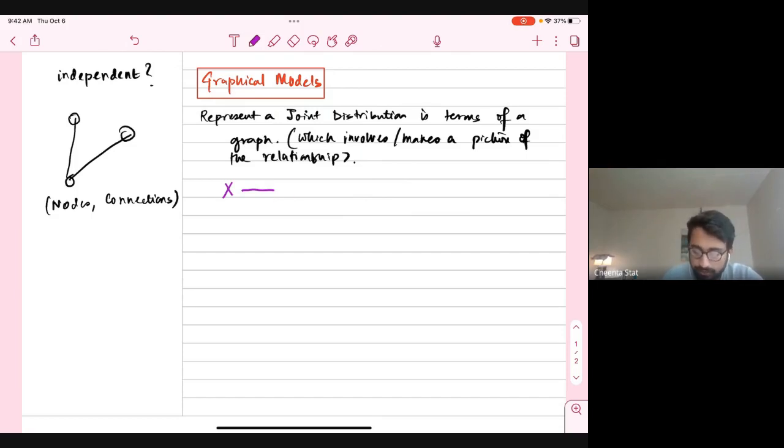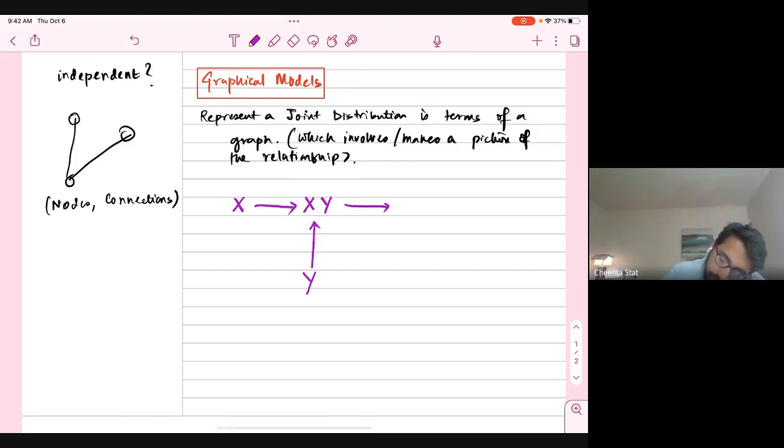So in this case, you can write that Y is dependent on X, and X is also dependent on Y, right? And X and Y have no relationship because they are IID.